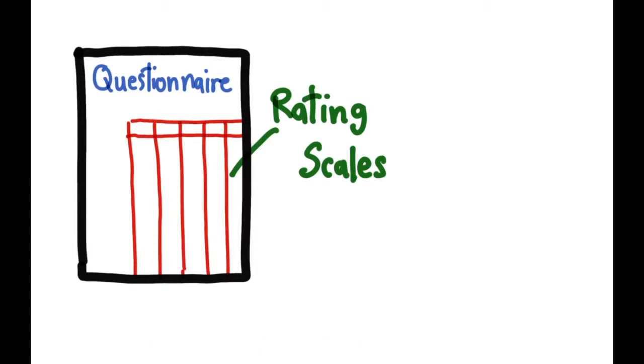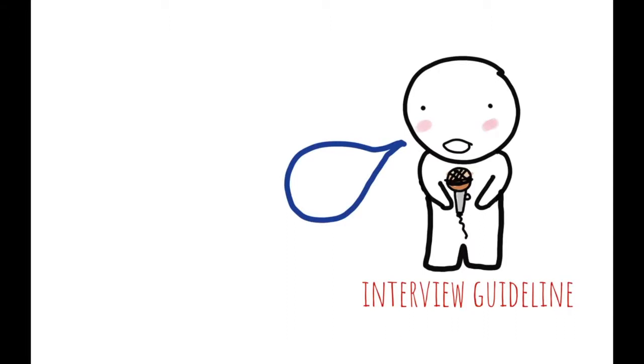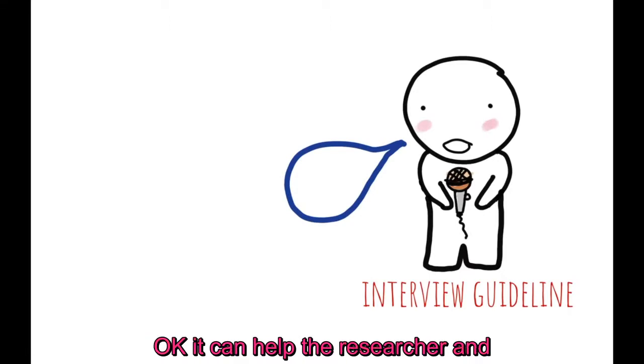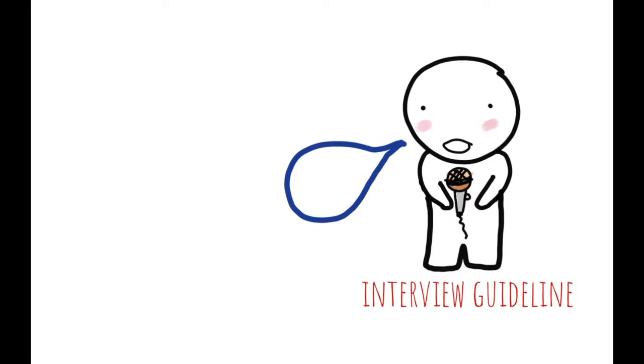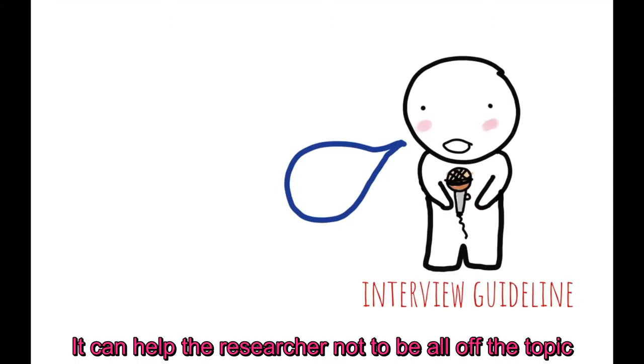Okay. Next, it is an interview guideline. What is that? An interview guideline is also a set of questions, but not too specific. It can guide the researchers to know the topics they have to collect data on, and help them not to go off the topic.